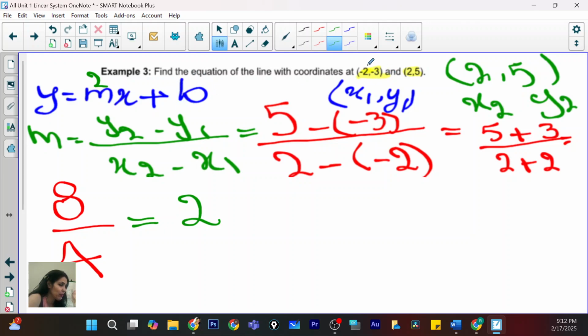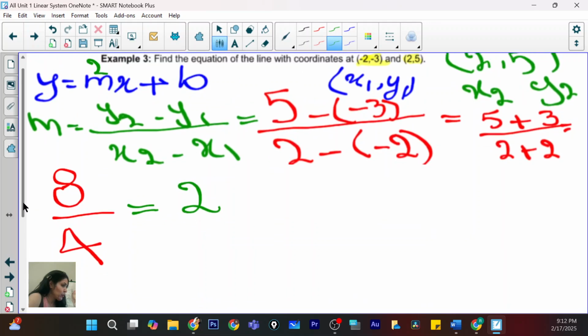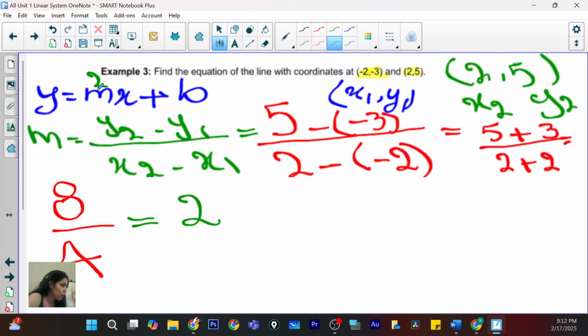The only information that we have is 2 points, and we have a slope. We calculated the slope. Now you can plug one of these points into the equation and find b.